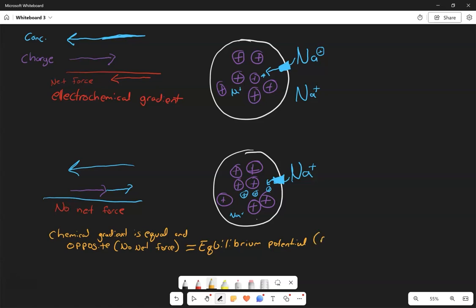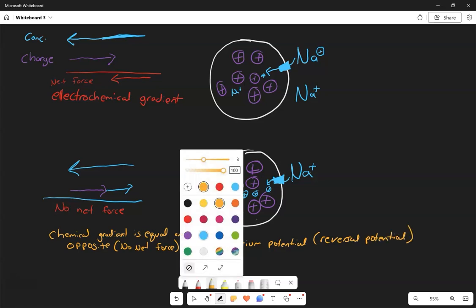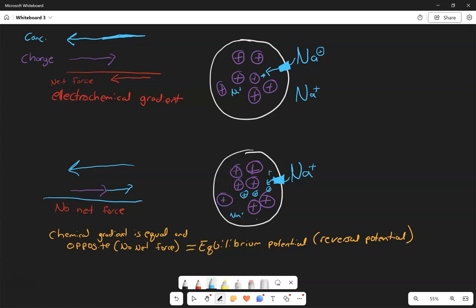Some people will also refer to this as a reversal potential, and they call it a reversal potential because as we continue to build up that positively charged ion on the inside of the cell here, right, eventually we can get to a point where we could reverse the net force, right? And so that's why we call it the reversal potential.